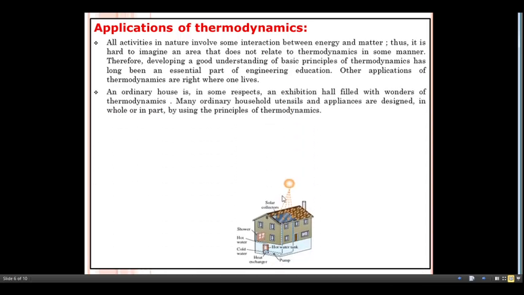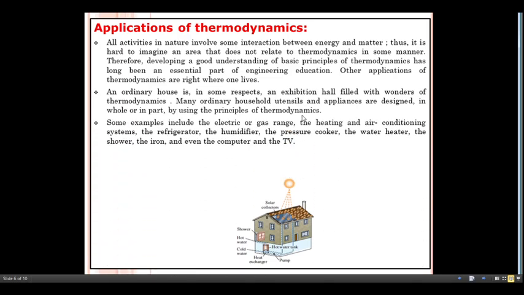Now see, an ordinary house is in some respects an exhibition hall filled with wonders of thermodynamics. Many ordinary household utensils and appliances are designed in whole or in part by using the principles of thermodynamics.